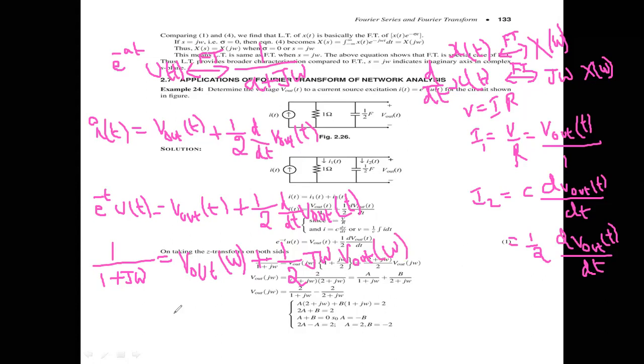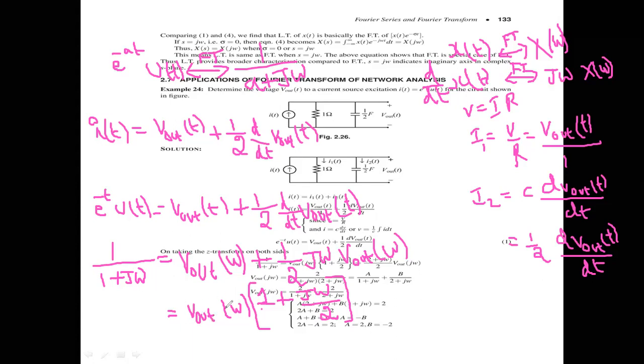Okay, my dear friends. So take V out of omega common, and it is multiplied with 1 plus j omega by 2. Fine.